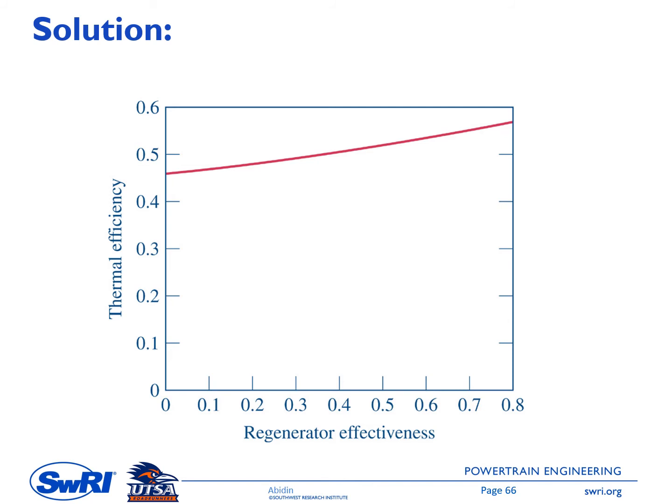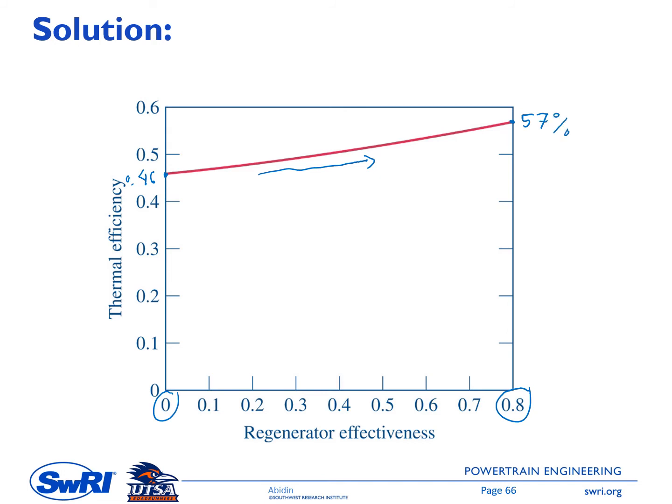You can see here, when we increase the regenerator effectiveness from 0 to 80%, the thermal efficiency increases from around 46%, just a rough estimation here, to somewhere close to 60%, so this might be 57%.